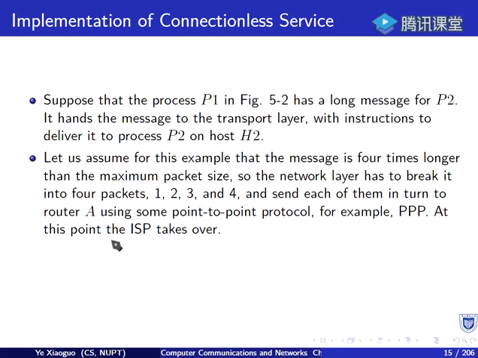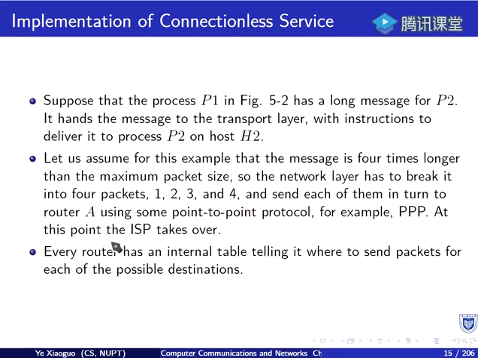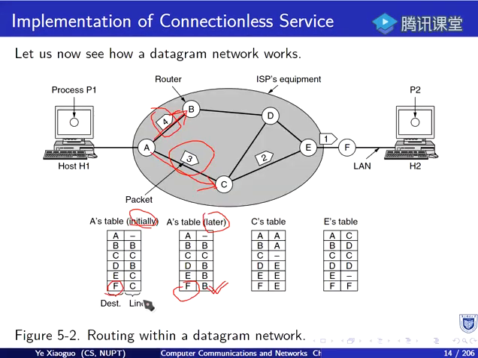At this point, the ISP takes over. Every router has an internal table telling it where to send packets for each of the possible destinations. This is the possible destination. The second column means the next hop.